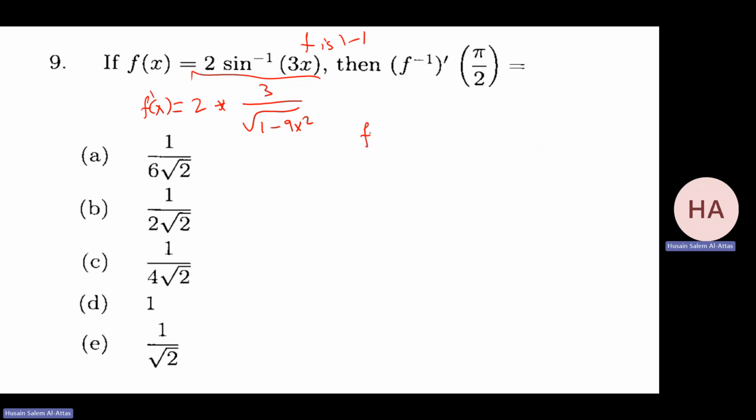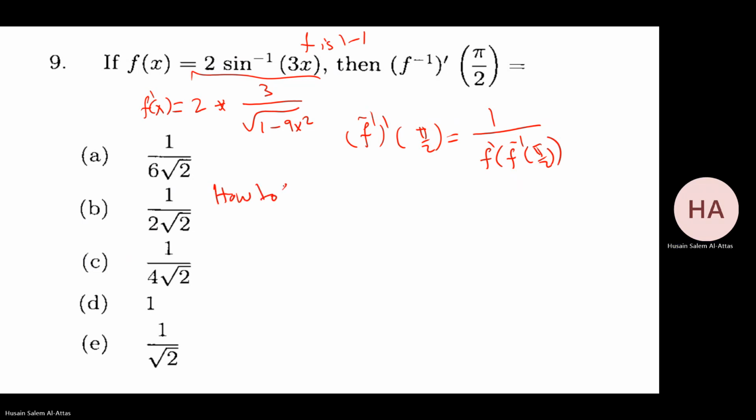Now, f inverse prime at pi over 2 will be 1 over f prime at f inverse of pi over 2. How to find f inverse at pi over 2? Solve f of x equals pi over 2.